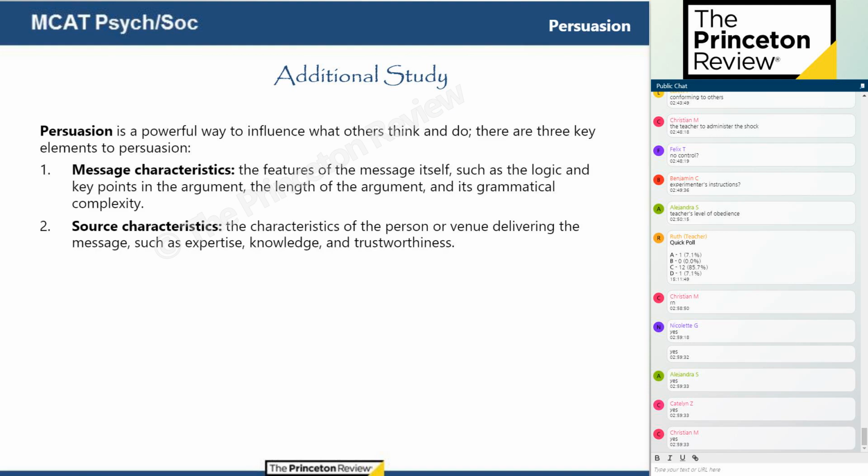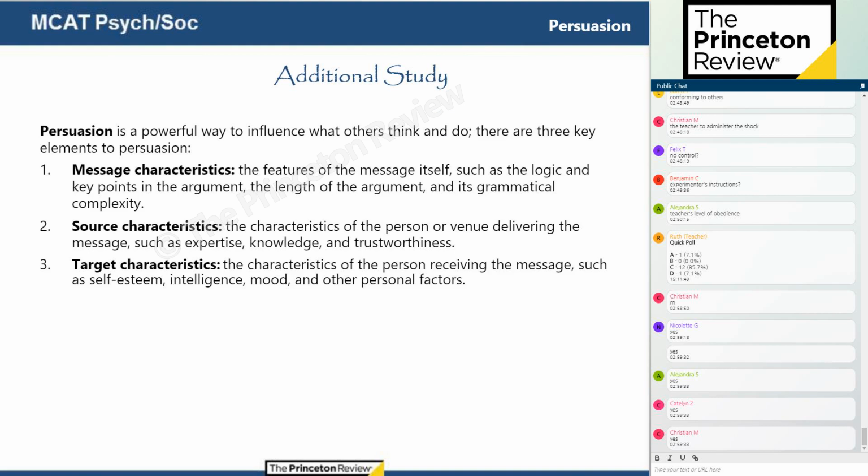This is about persuasion. Persuasion is what we do when we're trying to get someone to comply, but we don't really have power or authority over them. We try to persuade them.